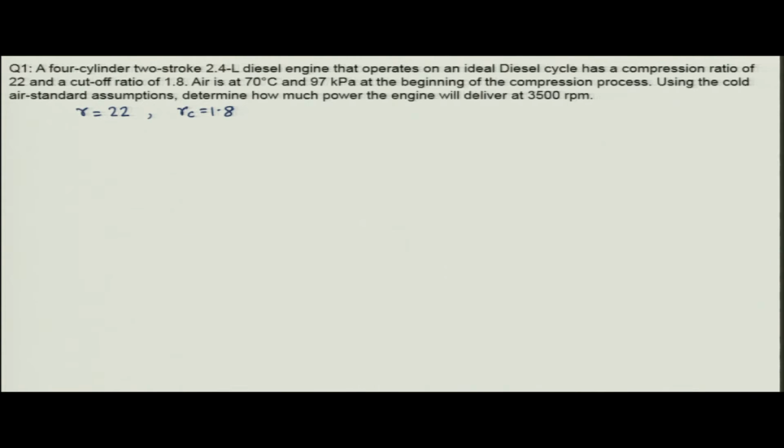We would like to look into the cycle first, so we will draw the PV diagram of this diesel cycle. As you are all familiar, in the diesel cycle you have an isentropic compression process from 1 to 2, then a constant pressure heat addition from 2 to 3, then an isentropic expansion process from 3 to 4, and 4 to 1 is a constant volume heat rejection process.